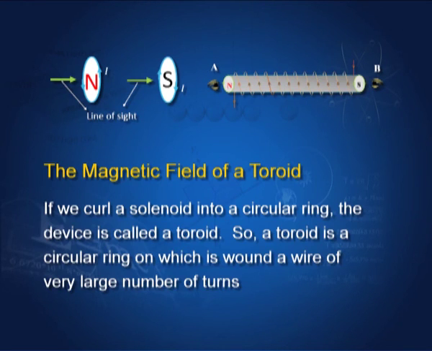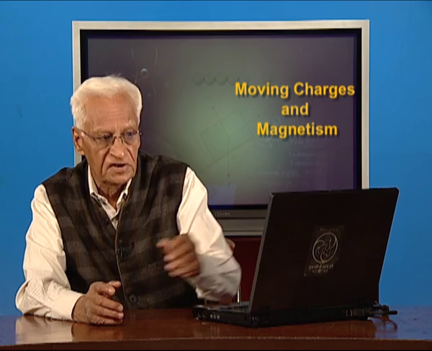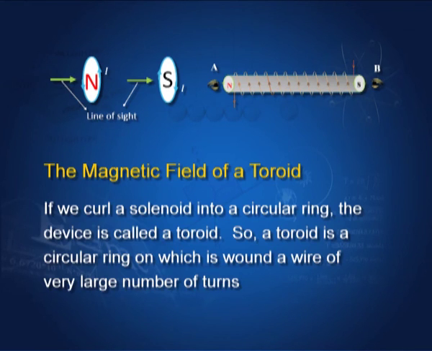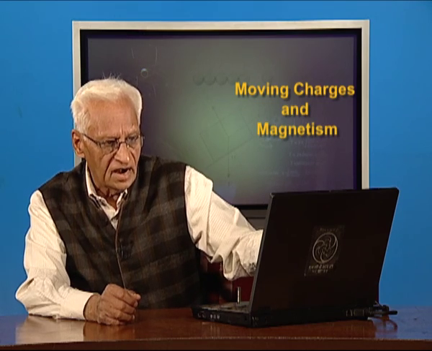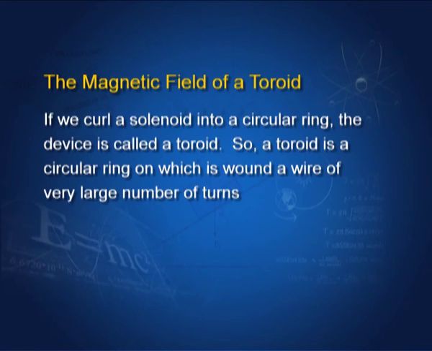The field is this, and then there are loops of current around this toroid. The strongest field is along the axis of the toroid, and elsewhere it weakens, which I will see in a moment. So, to analyze this, we again take this structure.